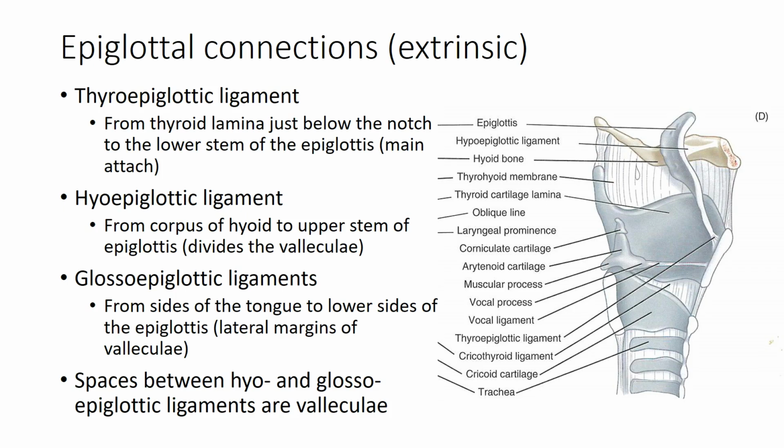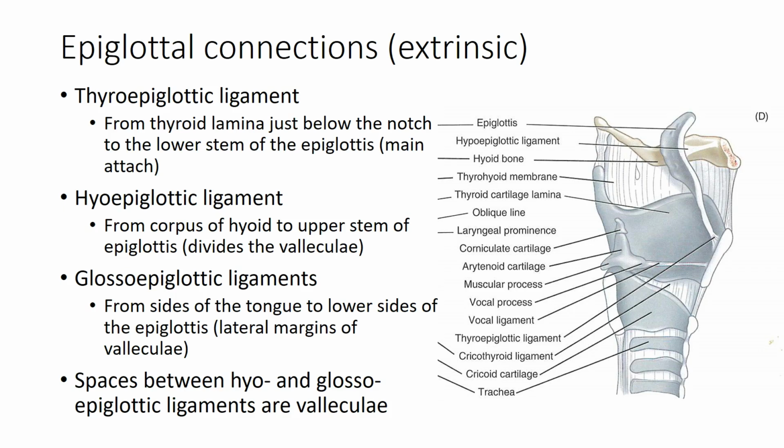Connections to the epiglottis, also extrinsic, include the thyroepiglottic ligament, which comes from the thyroid lamina just below the notch to attach to the lower stem of the epiglottis. This is the main attachment of the epiglottis to the larynx. The hyoepiglottic ligament comes from the corpus of the hyoid bone to connect to the upper stem of the epiglottis, and this divides the left and right valleculae from each other.